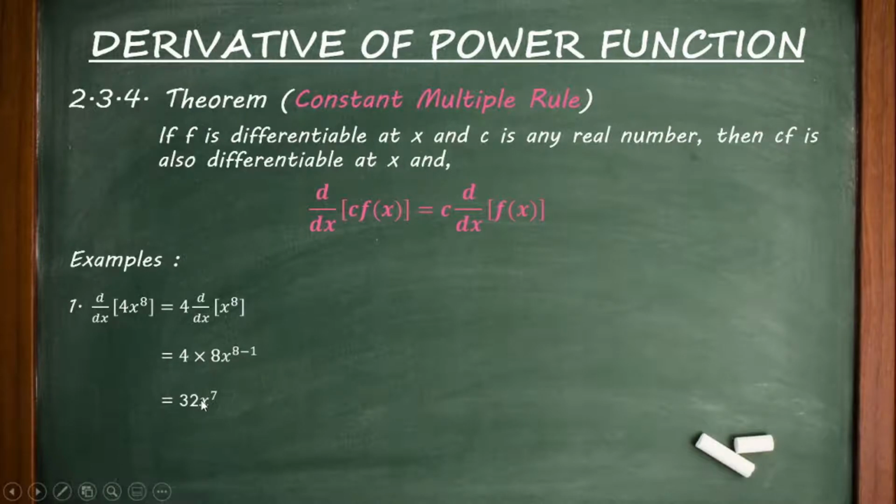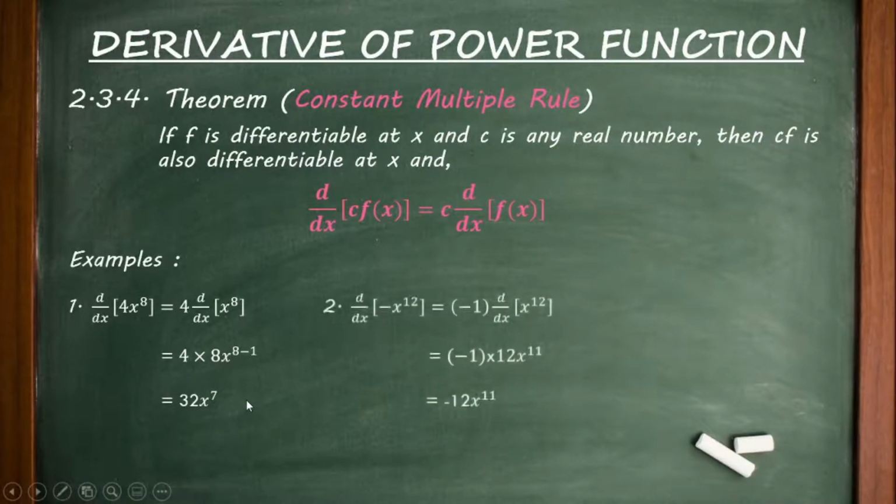Then we get 4 times 8 is 32 and x to the power of 7. Example 2, differentiate negative x to the power of 12. We take the negative 1 outside and then differentiate x to the power of 12. We get negative 12 x to the power of 11.